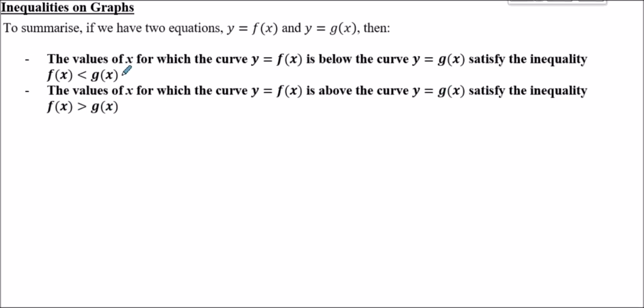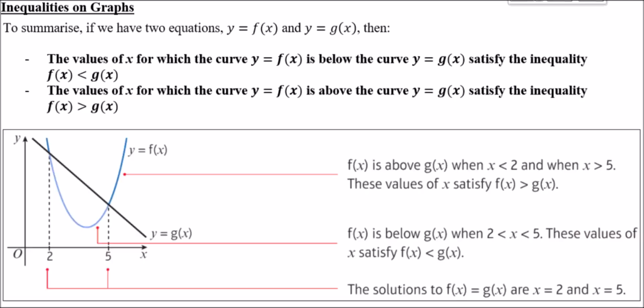And the easiest way to see this is just by visualizing it as such. So here, the blue curve is f of x, and the black line is g of x. If we have a look at this right-hand section of the blue curve, we can see here that f of x is above g of x. The blue line is above the black line.